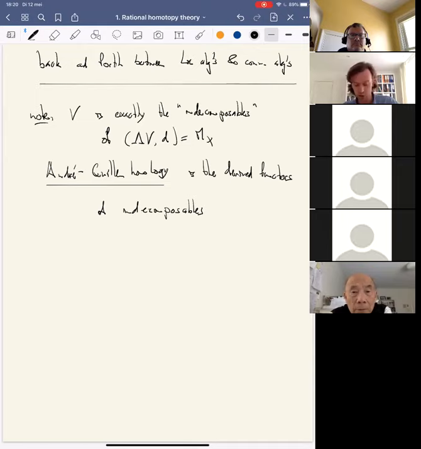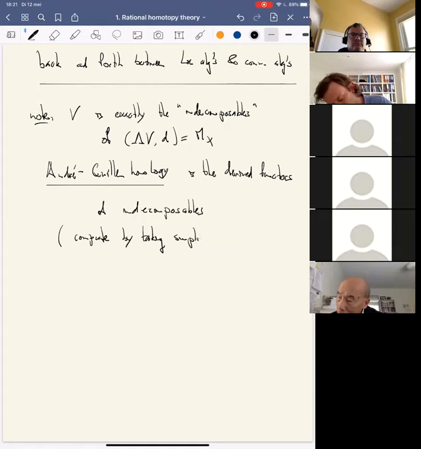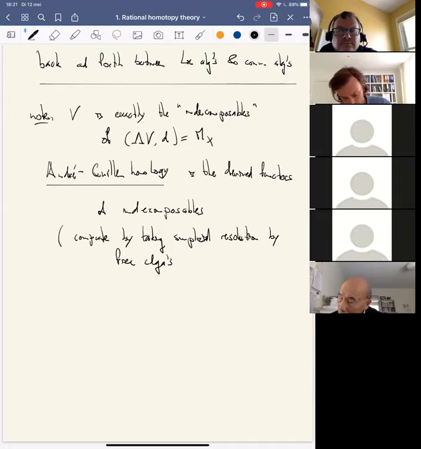So what does that mean concretely? If you wanted to compute André-Quillen homology for a general CDGA, then you resolve it by free ones. You compute by taking a simplicial resolution by free CDGAs and taking indecomposables degree-wise.